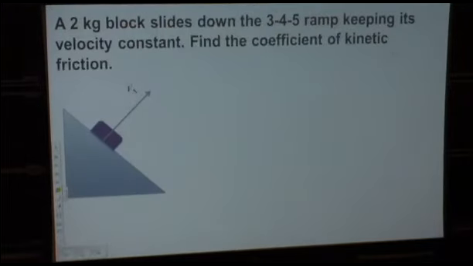So here, time. The acceleration, m times a, will be equal to m times g times sine of this angle minus the coefficient of kinetic friction times m times g times cosine of this angle.